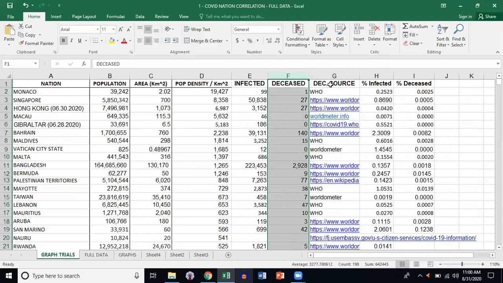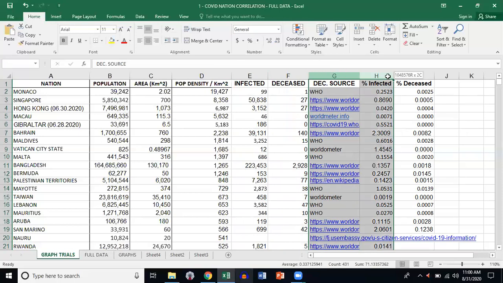All right. And I'm going to do the same for the deceased source. I don't need that right now for the graphs that I'm going to make. And I don't need the percentage infected or the percentage deceased either. I'm just cleaning up the page here. So I'm going to put my mouse on top of column G and highlight, then scan over to the right to include the other two columns.